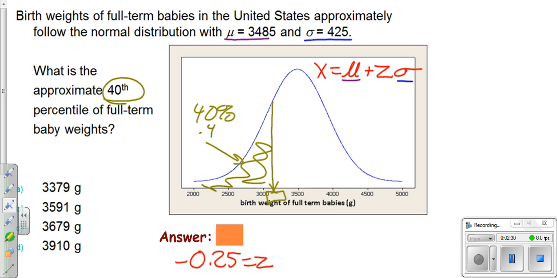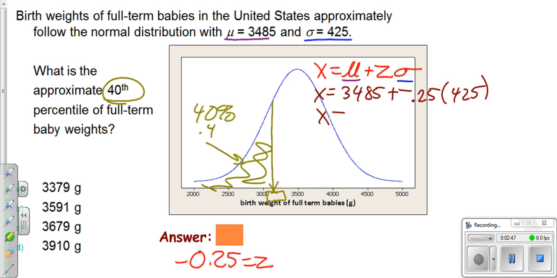So plugging everything in, I get 3,485 plus my negative 0.25 times my sigma. That's going to tell me what my x is.